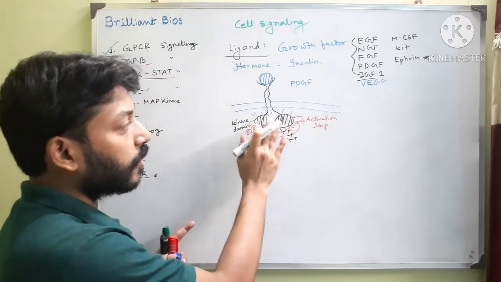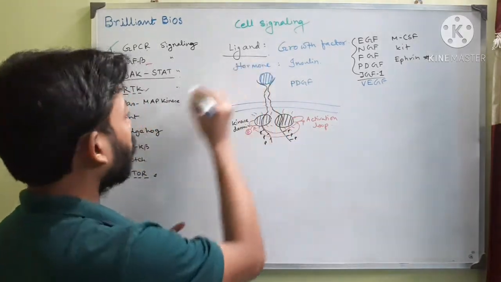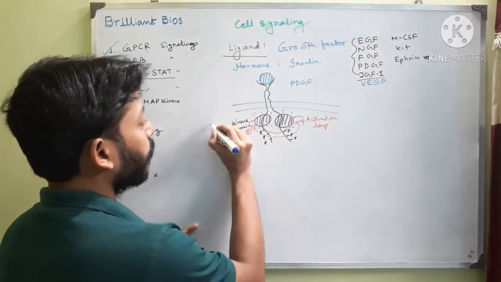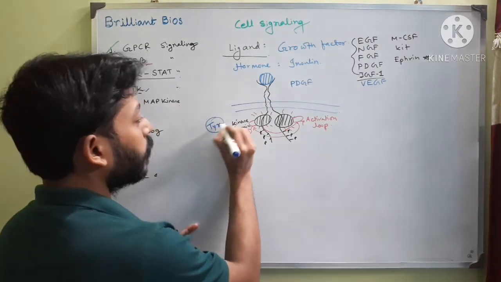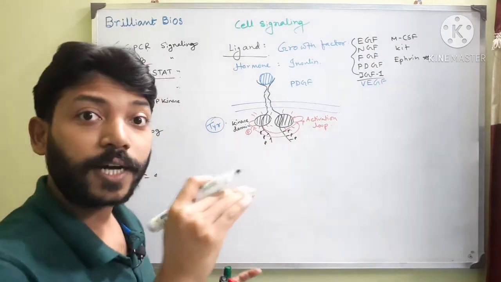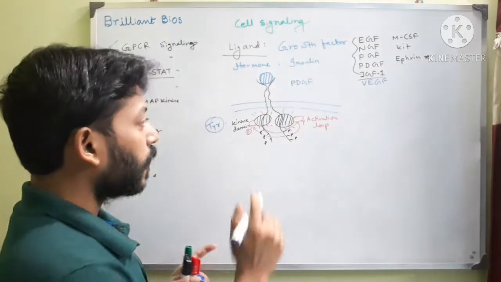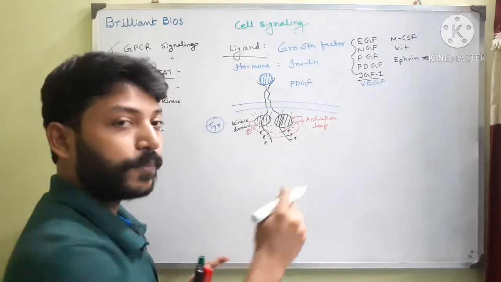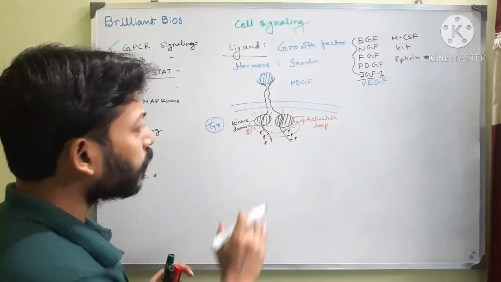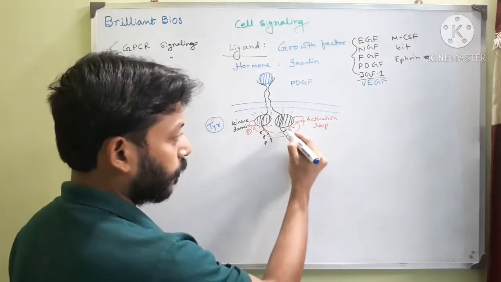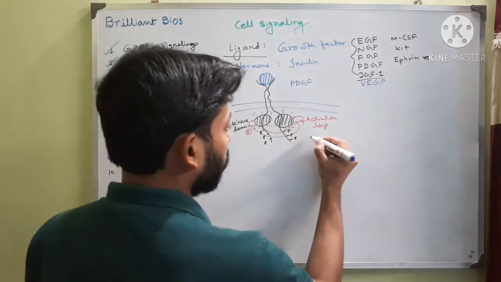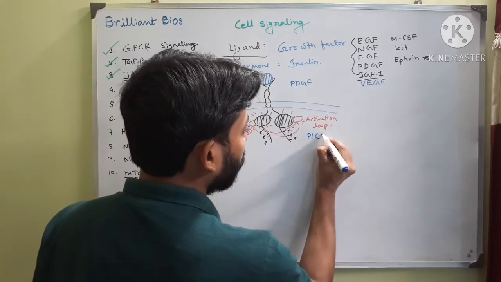You have to remember, in the RTK pathway, that means receptor tyrosine kinase, this kinase domain specifically targets the tyrosine amino acid. All the phosphates I have written here are on tyrosine amino acids. Also the activation loop has a particular tyrosine that gets phosphorylated. Now these phosphotyrosines can be targeted by many signaling proteins. One example is PLC gamma.